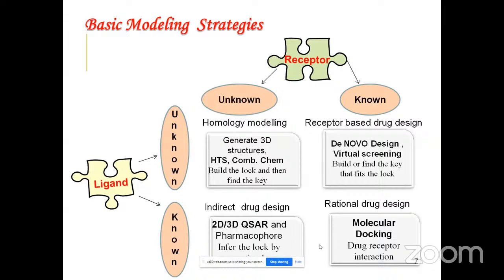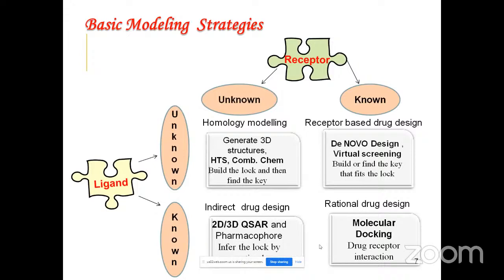Now, how is it unknown and known? Unknown and known is a terminology associated with the knowledge of the overall structure of that receptor, not the name of that particular receptor or its role.